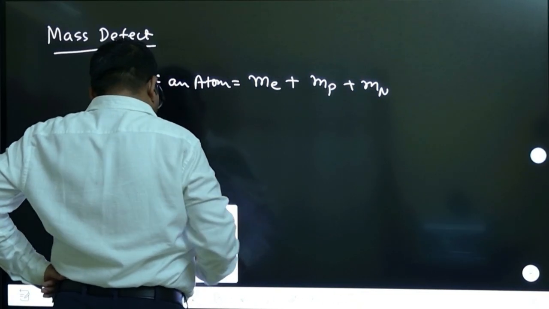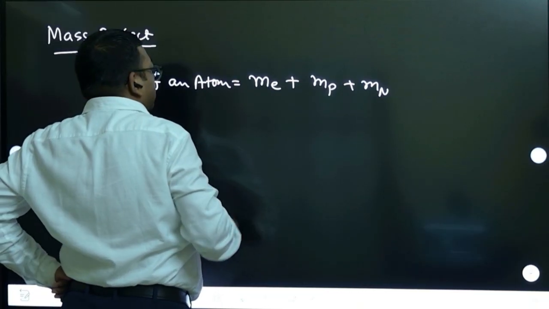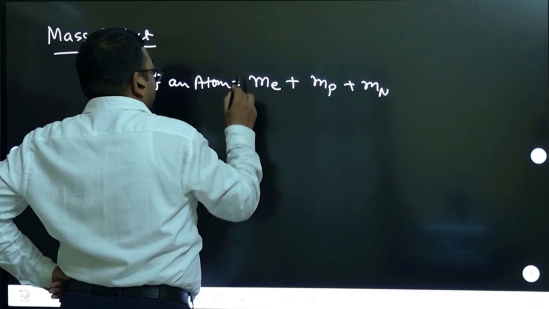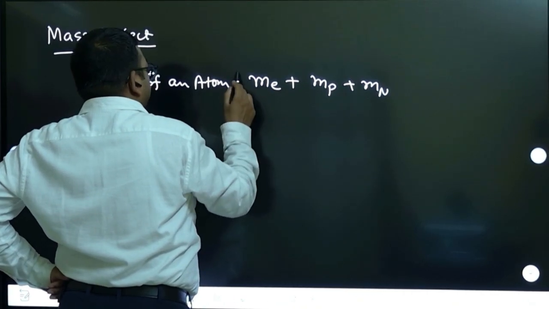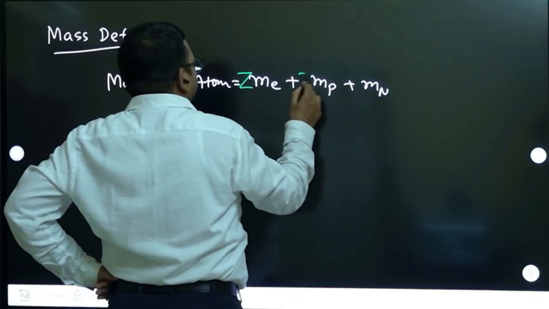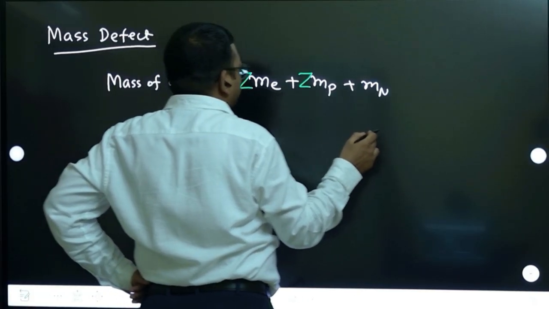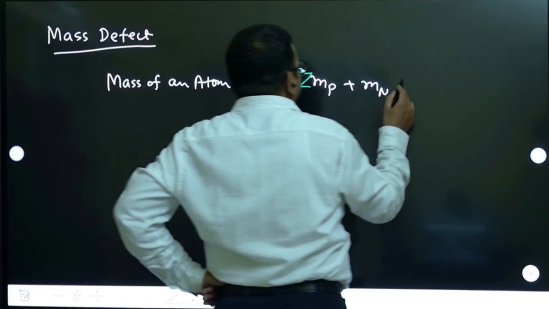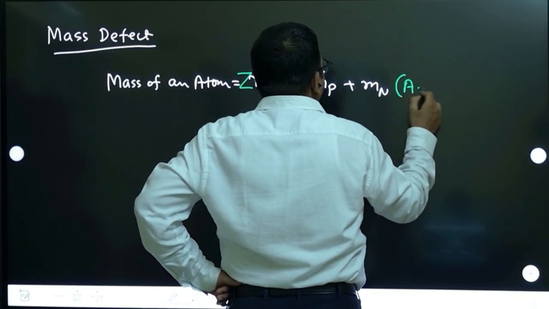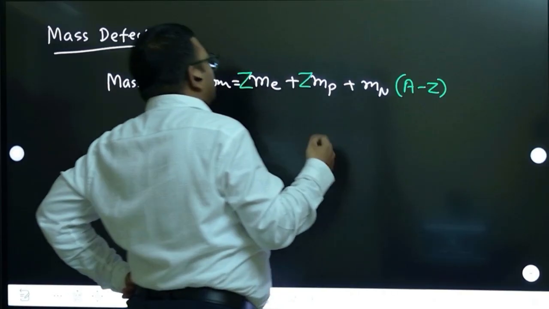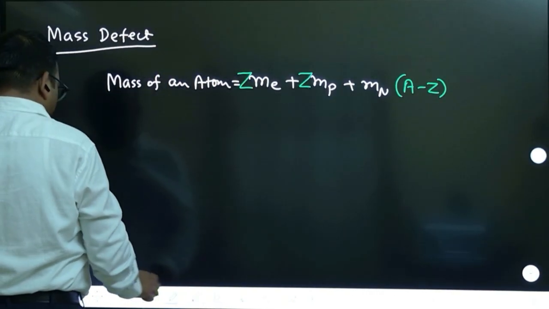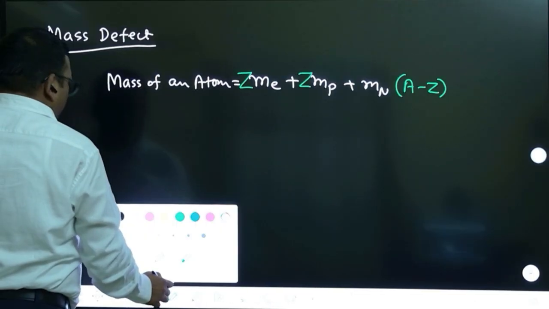How many electrons are there? How many protons are there? Number of electrons and protons are equal, so Z, Z. And how many neutrons are there? Neutrons are A minus Z, correct? So you can calculate, this will give us the theoretical mass of an atom.